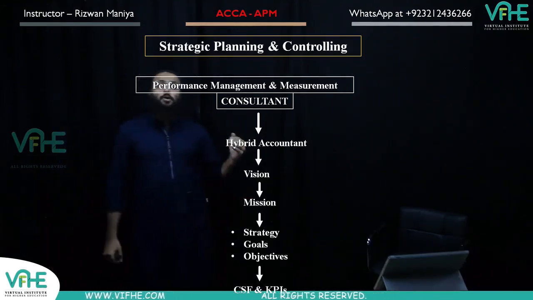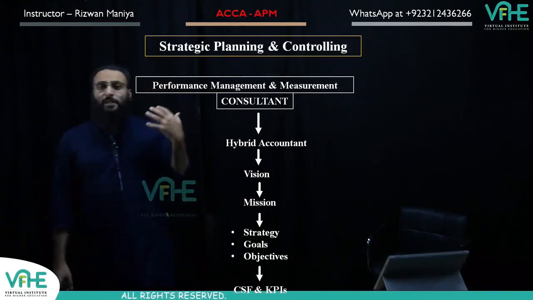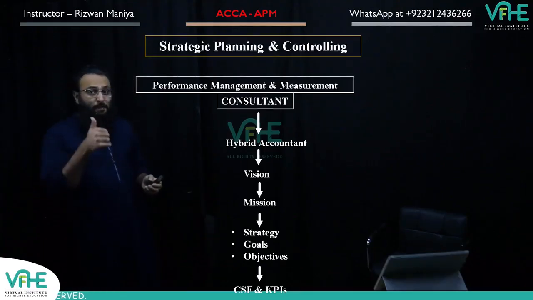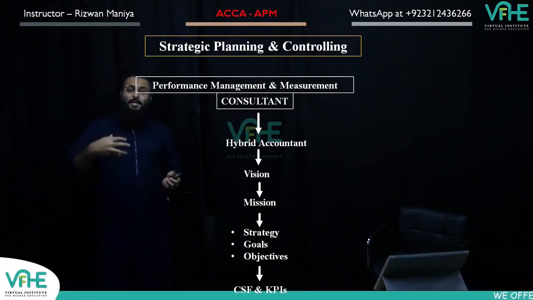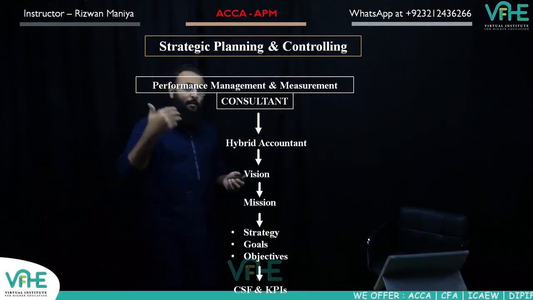It is very important to check whether you are achieving the CSFs or not. If your CSFs are not being achieved, it's useless, because KPIs will check. These are basically the instruments through which you check whether CSFs are being achieved.